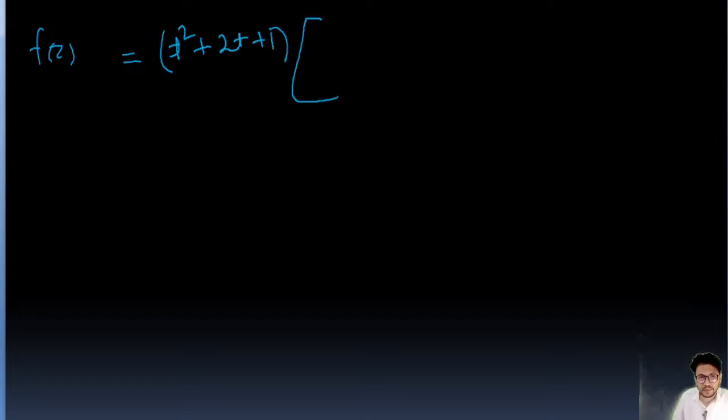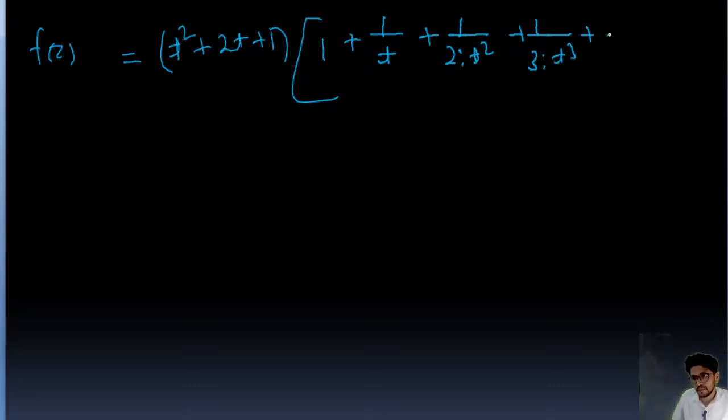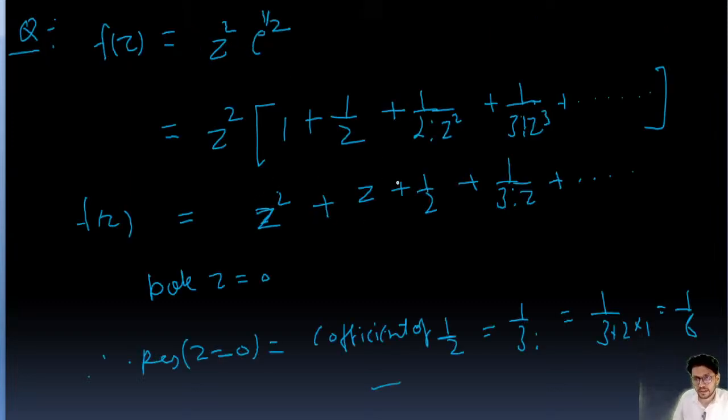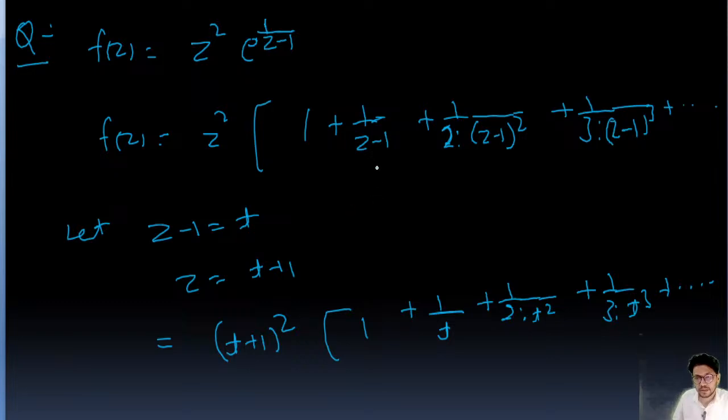And this value is going to be 1 plus 1 upon t plus 1 upon 2 factorial t square plus 1 upon 3 factorial t cube plus so on. Now we'll multiply it, because the coefficient of 1 upon t is going to be the residue at z equal to 1, right? This one is z equal to 1.